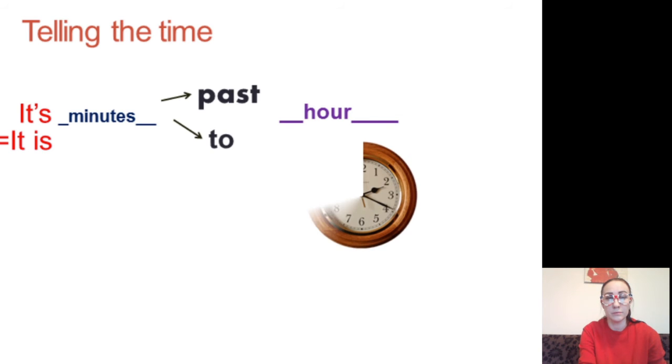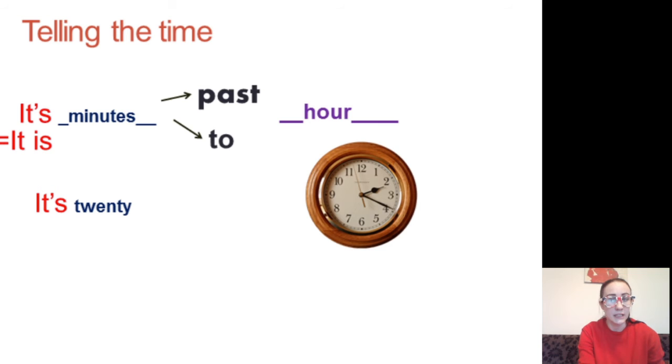For example, what time is it? It's 20 past, because we're talking about the hour that has just started. We haven't reached the first half of the hour yet. It's 20 past 2.